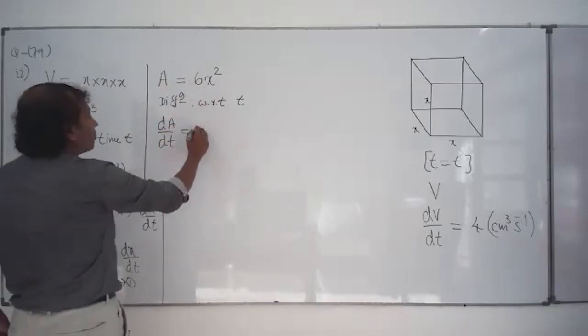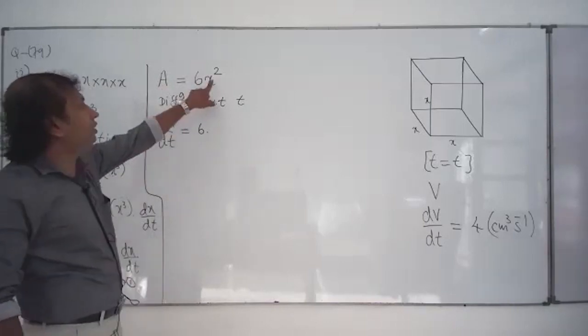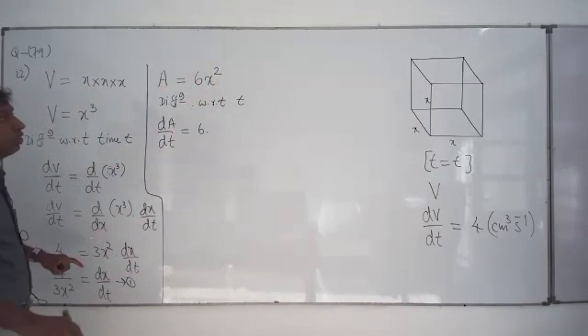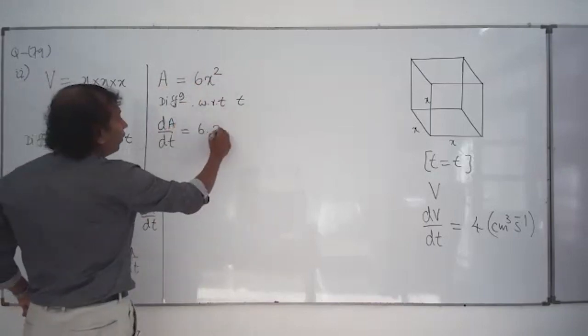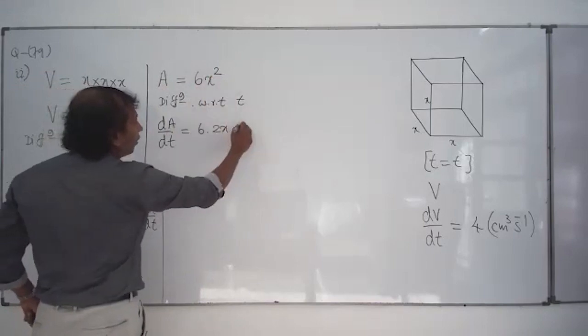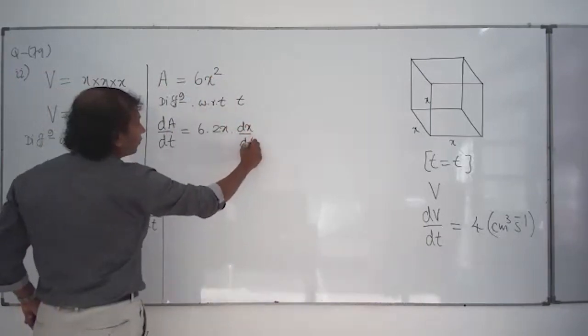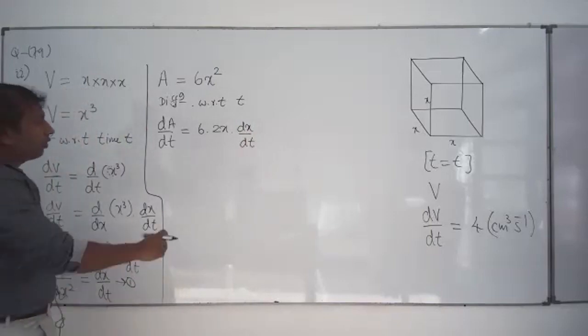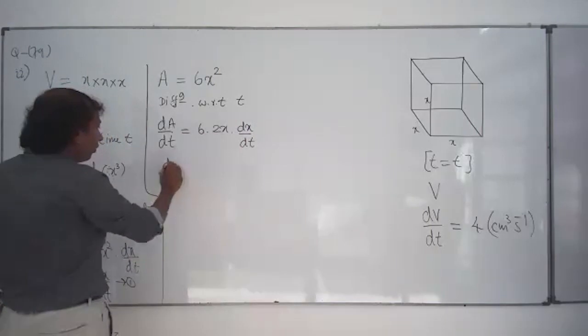The 6 is constant. Now we differentiate this x squared with respect to t. We don't write this step here. First differentiate this 2. What is that? 2x. And multiply that by the derivative of x. What is that? dx over dt. Understand? Then here we get 6 into 2x.